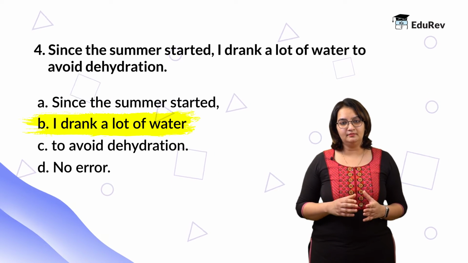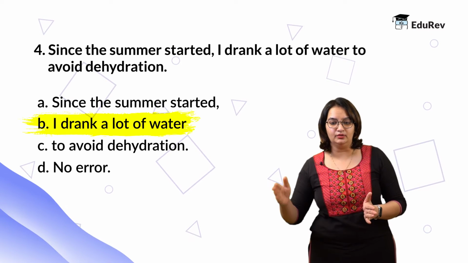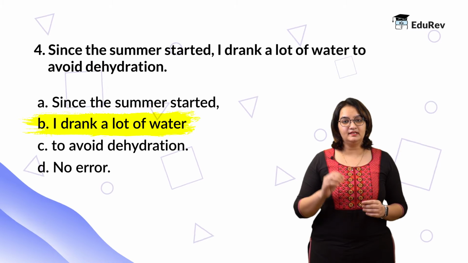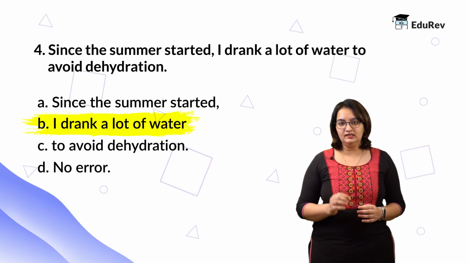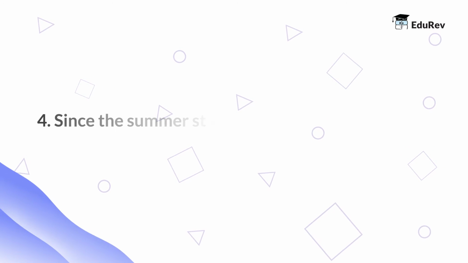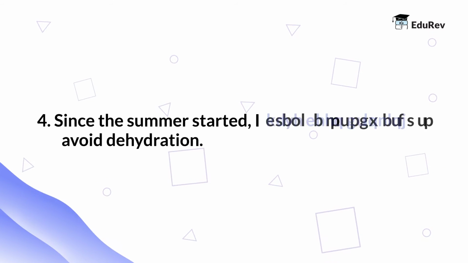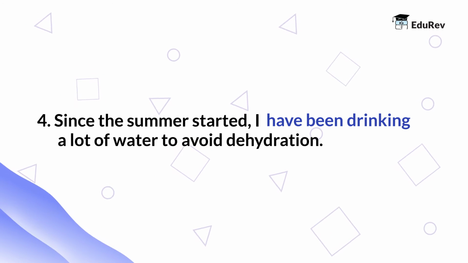When we talk about something that has already happened in the past and is continuing, we have to use present progressive or present continuous tense. Therefore, for this particular sentence, we will have to change as follows. Since the summer started, I have been drinking a lot of water to avoid dehydration. Let us take another example now.